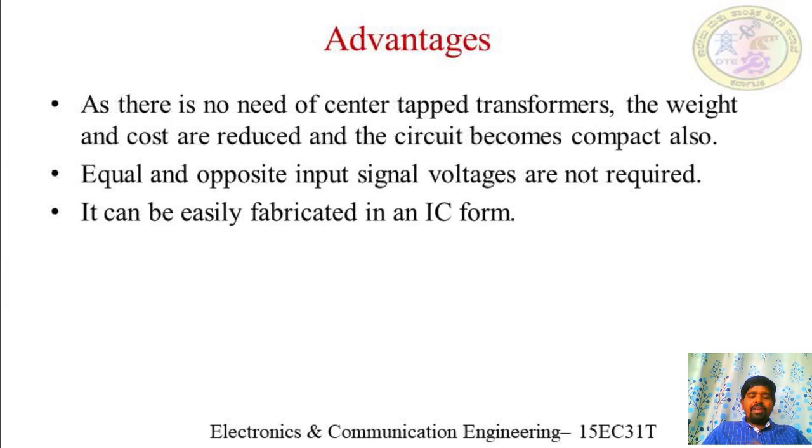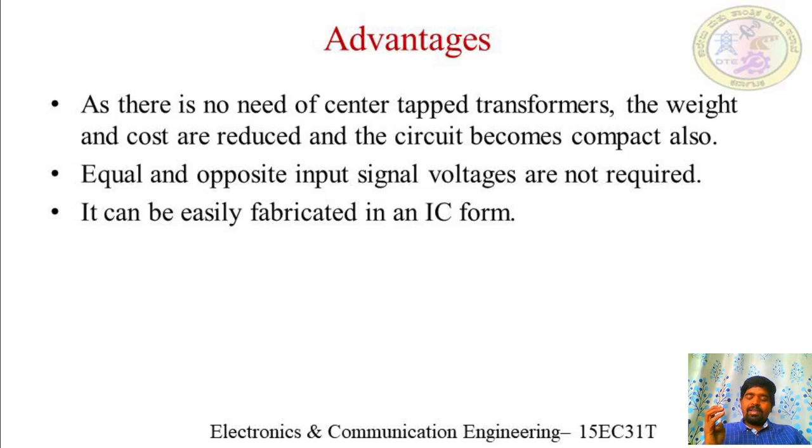And what is the benefit of this class B push-pull amplifier, complementary symmetry? First point is we are not using a transformer. When there is no need of a transformer, obviously the weight of the circuit will be less and it is compact also. When it is compact, we can develop it on an IC, that means an integrated circuit.